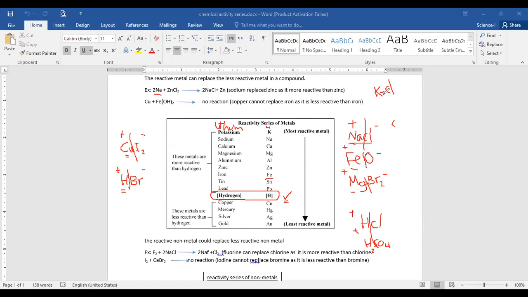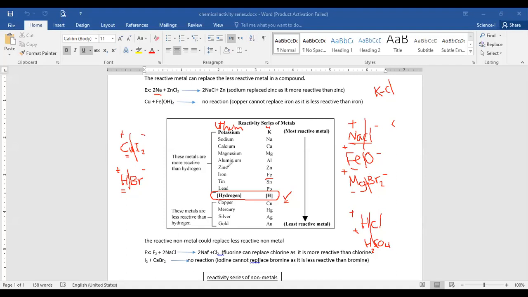It will be weaker, so of course it cannot replace it. You get the idea? That's the point: reactivity means how much this element is able to form a bond. So the most reactive is able to form a more stable, stronger bond, so it cannot be replaced by a weaker one.